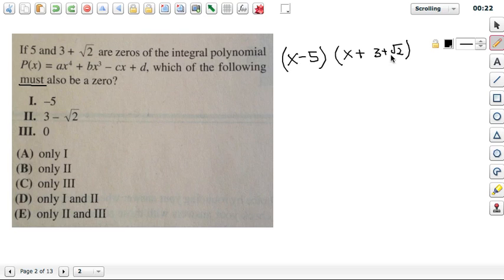Now we also know that anytime there is a plus root 2, there should also be 3 minus root 2. So the other factor would have been x plus 3 minus root 2. And you must have that. So this is a possibility. So the correct answer is B.